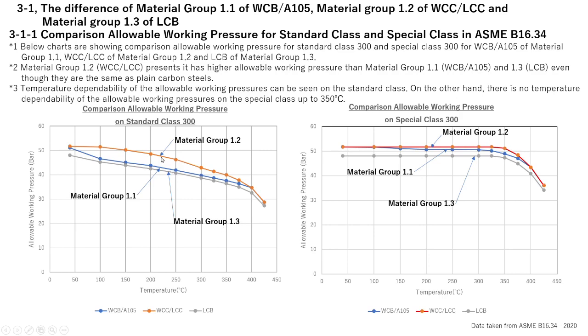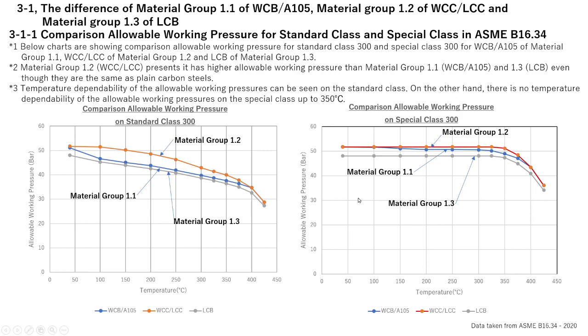The allowable working pressure for material group 1.2 is still the higher value over the whole temperature range. Material group 1.3 allowable working pressure indicates a lower value over the whole temperature range.